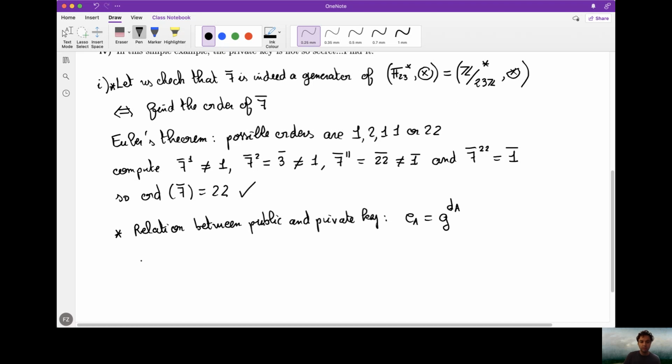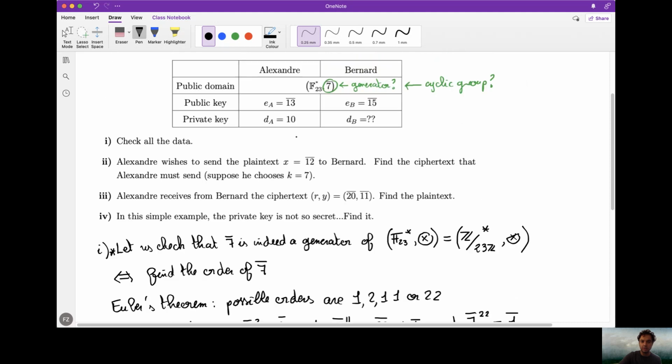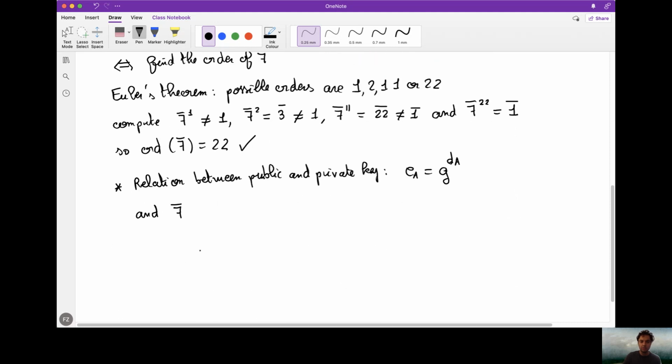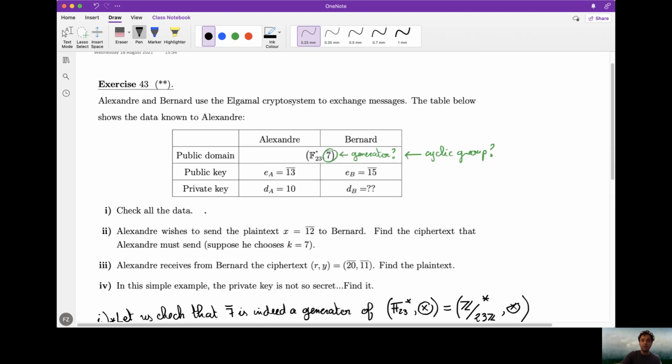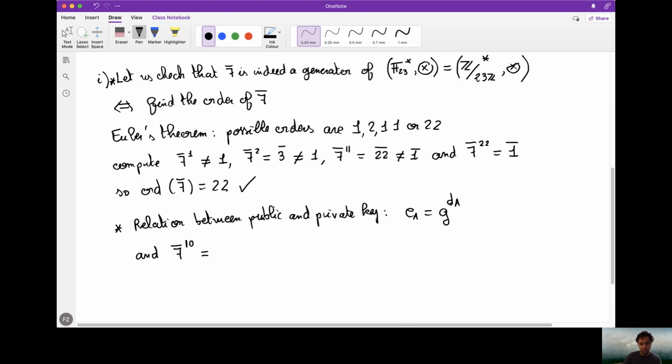So we just need to compute it. The generator of the group that we chose was 7. The private key given is 10, so if we compute 7 to the power 10 modulo 23, you'll realize that this is indeed equal to 13. So we do have the correct relation between the public and private key of Alexandre. Okay, so these are the two things that you had to check in the first question.